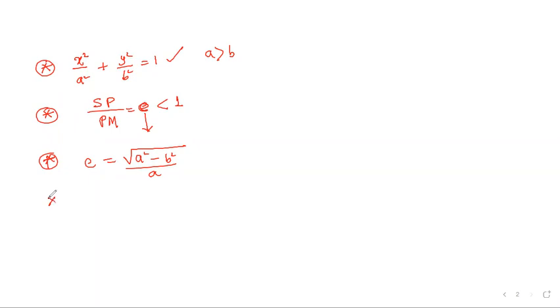Then I came to what are the vertices of the ellipse. Before you know the vertices, you must know what the axes of the ellipse are. There are two axes: one is called the major axis and the other is called the minor axis.